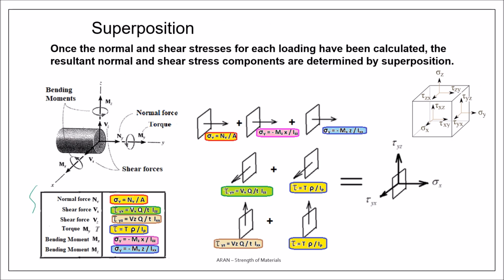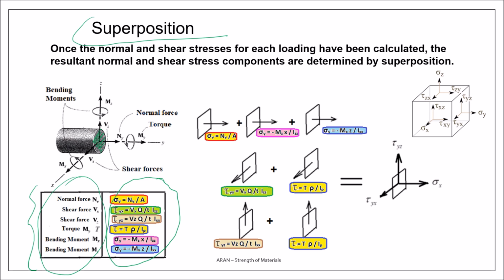So as you see, we have our forces and moments, and these forces and moments cause normal and shear stresses, and we are going to make a superposition for this surface.